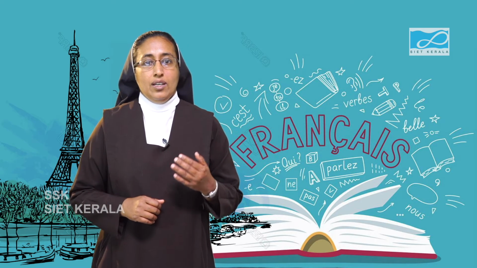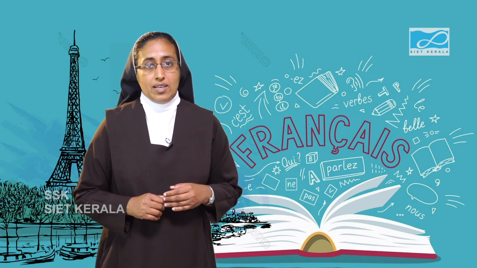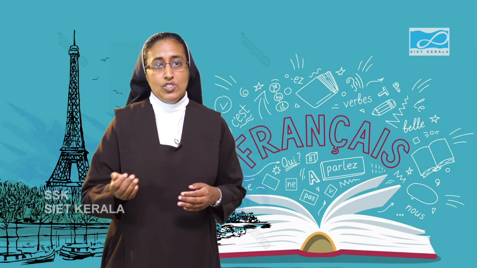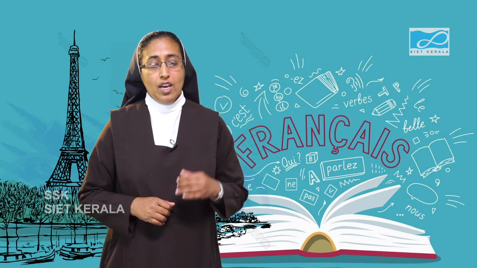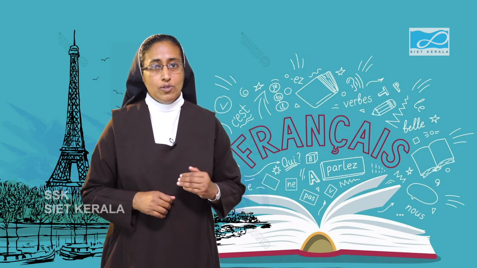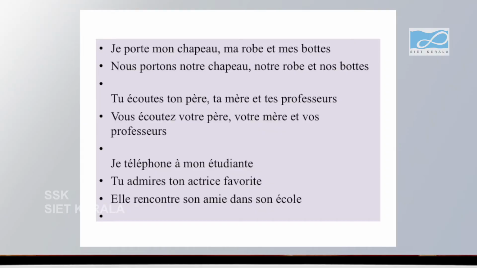Sometimes in your exercises, they may ask you to change the singular sentence into the plural form. So corresponding to je, the plural form is nous. So the corresponding conjugation becomes nous portons, and we learned today that corresponding to nous, our masculine singular possessive adjective is notre.